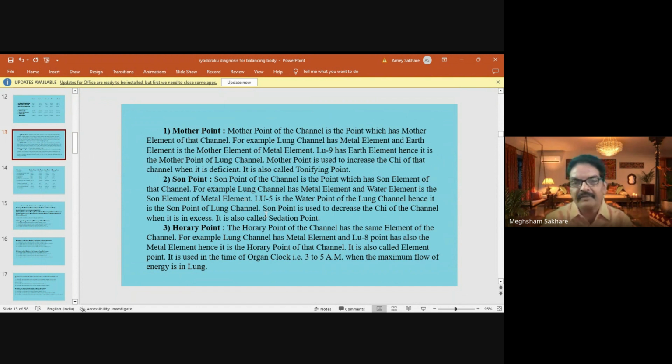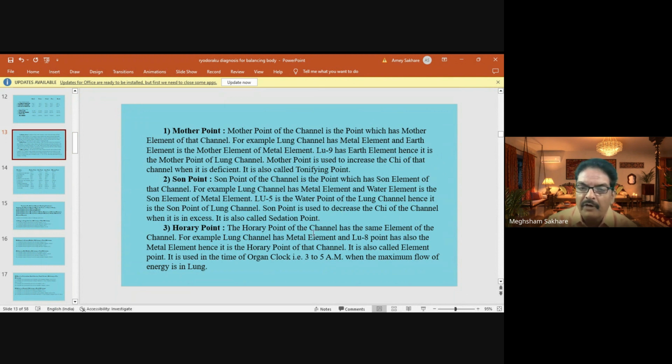Blood is taken from lung 5 and it is injected into GB30 of the gallbladder channel. It is wood element. Hence water is poured to wood element. Hence lung is sedated, means metal is sedated and wood is tonified. This is the point injection therapy for all infectious diseases.